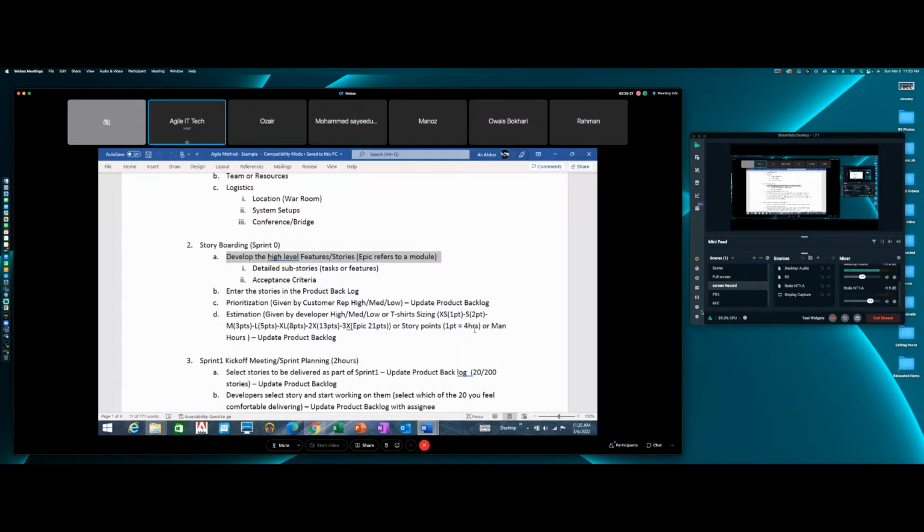So the first epic was what? Login. The second epic was account reporting. The third was transfers and transactions. The fourth was bill pay. And the fifth was customer service.